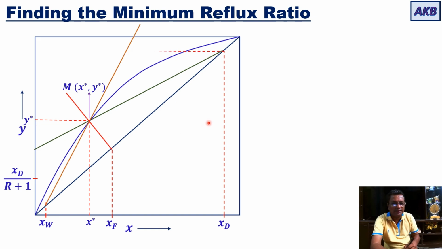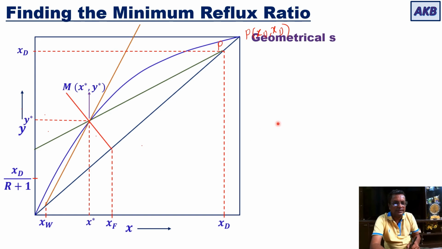Then you have one more point over here which has coordinates of xD, xD. Let us call this point P. This point P has coordinates of xD, xD. The y coordinate of this point is also xD.